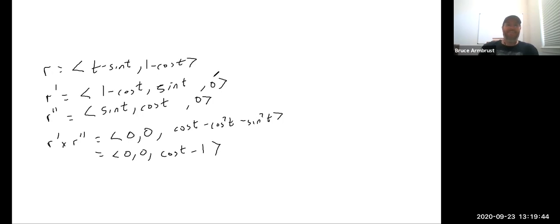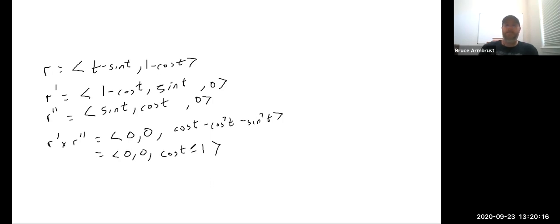All right, so there's our r prime cross r double prime. Now, the fact that it has zeros in these 2 components should not surprise you whatsoever. Because remember, when we take a cross product of 2 vectors, we get a vector that's perpendicular to both. Well, r prime and r double prime are in the 2D world. They both lie in the xy plane. And so the only thing that's going to be orthogonal to both of those is something that points in the z direction. And so that's this vector, 0, 0, and then this guy.